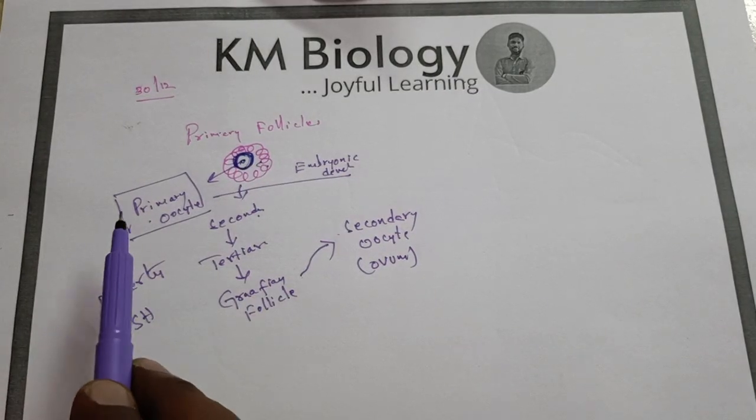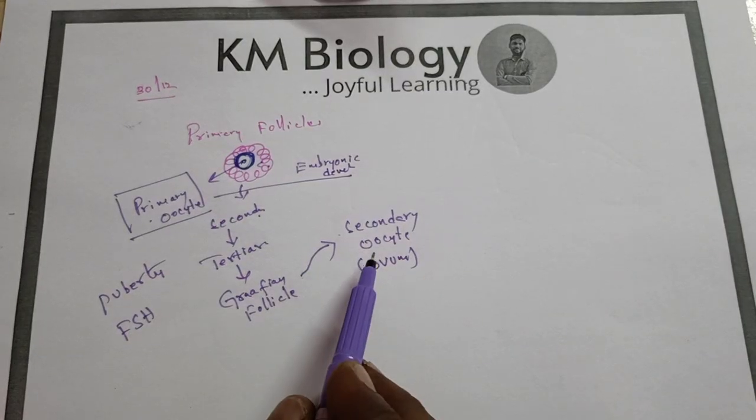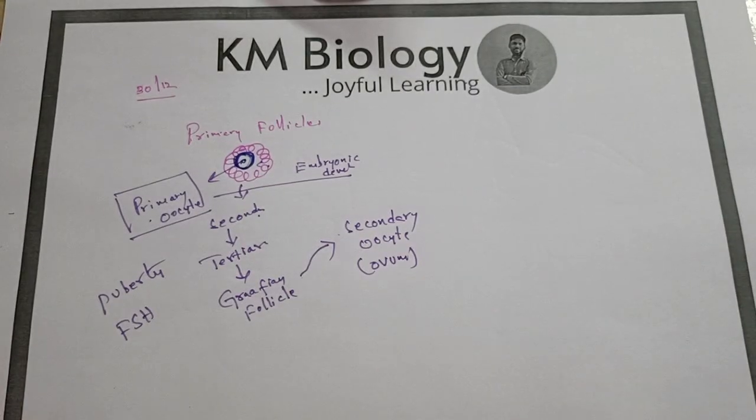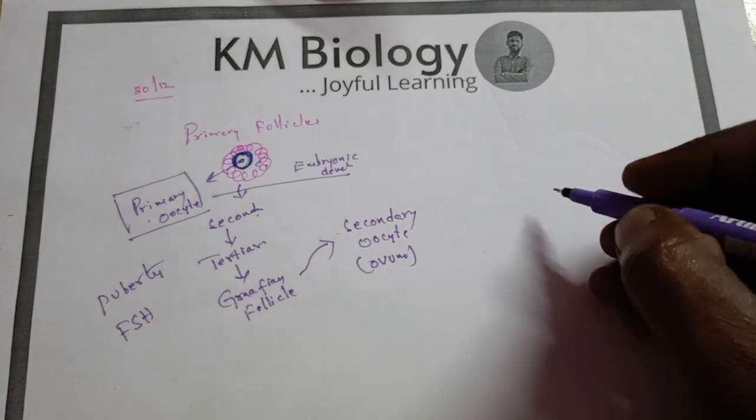So it's a very long journey which you need to note. Now this is the secondary oocyte. You need to know the structure, you may get questions here. Let us see the structure of secondary oocyte, means ovum.